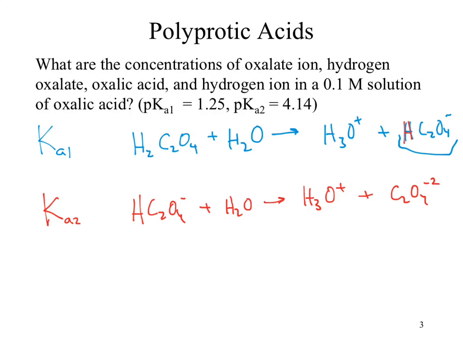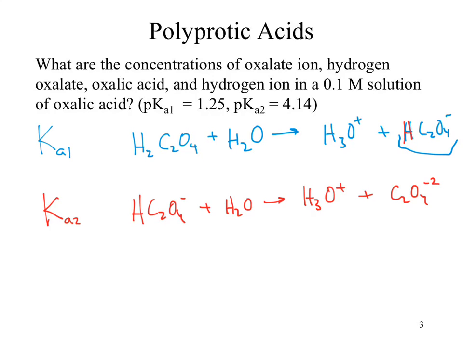However, hydrogen oxalate, as soon as it hits the water, also reacts to generate more acid and oxalate ion. So just by adding a polyprotic acid to water, we've drastically increased the difficulty of our problem. We have to evaluate 2 equilibrium expressions to go through and total everything up. And that's what 4 and 5 we're looking at.